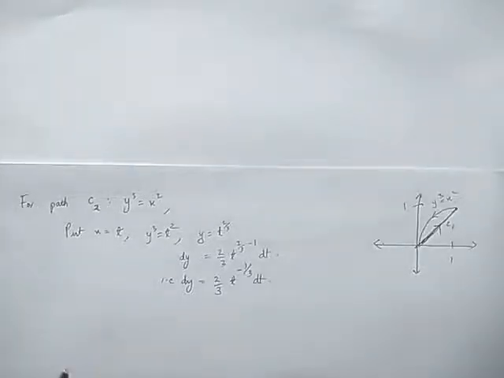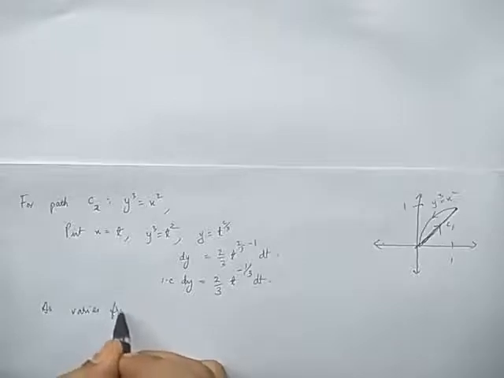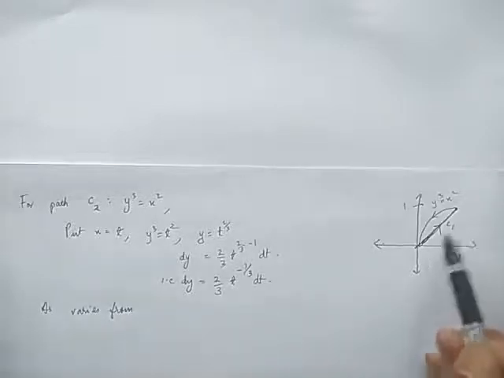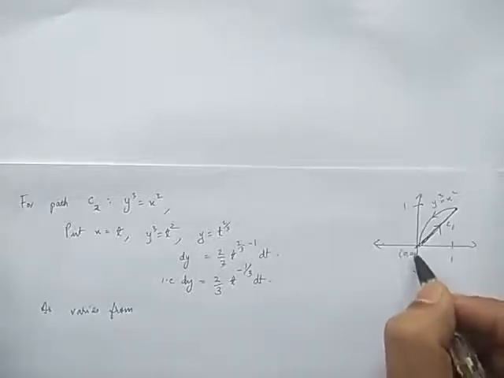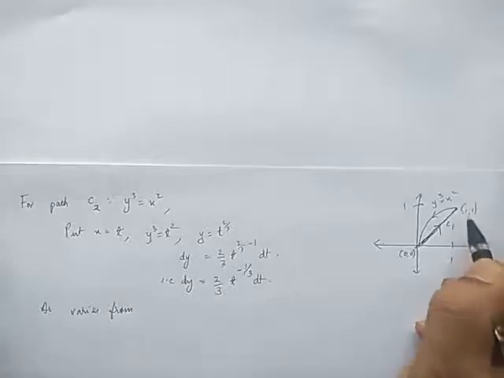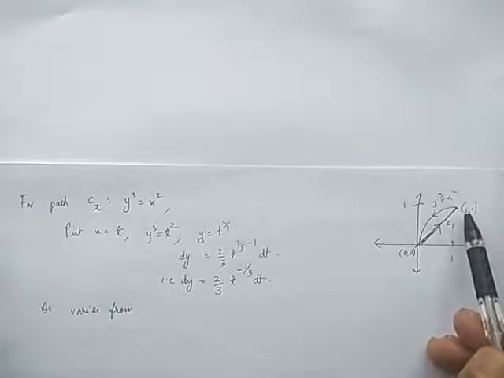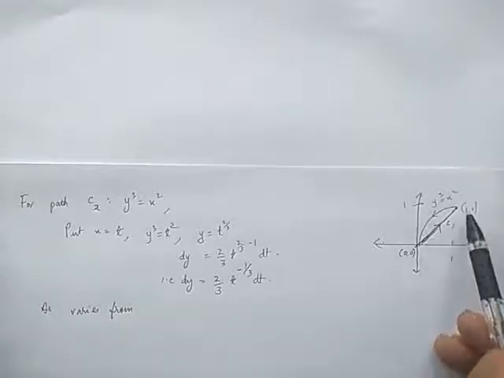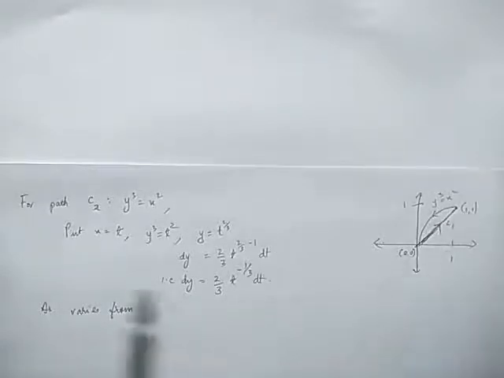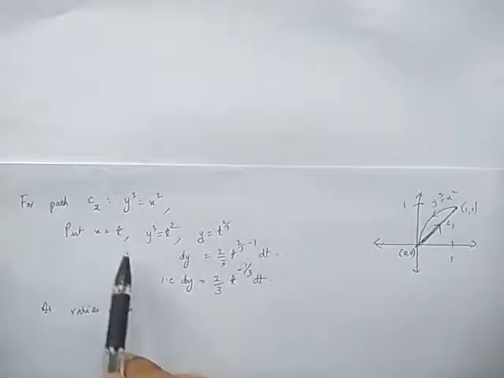So here also, as x varies, this is 0 0, this is 1 1. We put x equal to t. So in this part, x varies from 1 to 0, so t must also vary from 1 to 0.